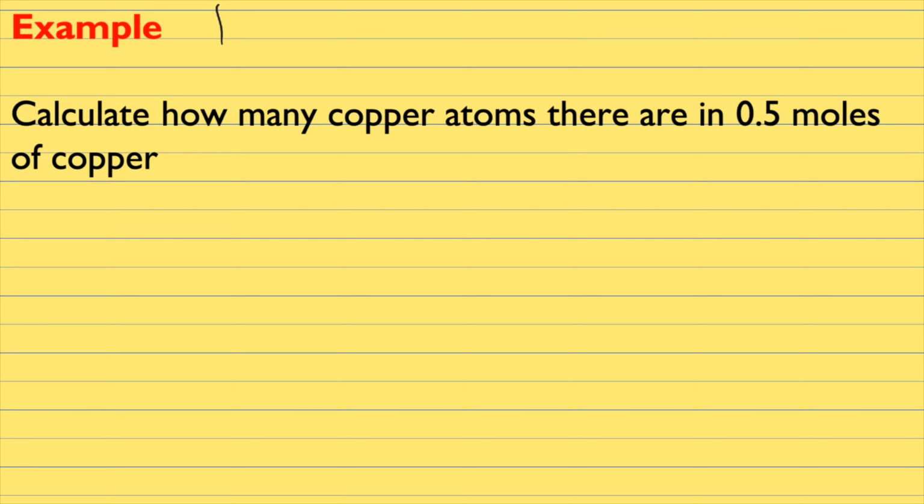Example 1: we're going to calculate how many copper atoms there are in 0.5 moles of copper. We're going to use the first of the 2 equations that I gave you, which is the number of particles equals moles times Avogadro constant. As a side note, I'm going to use L to represent the Avogadro number or constant. Depending on your exam board will depend on the symbol they give it.